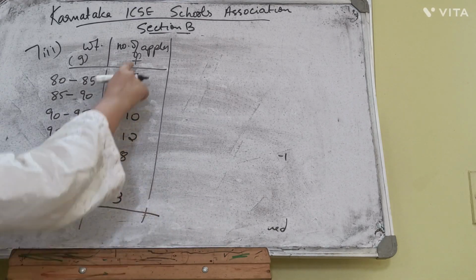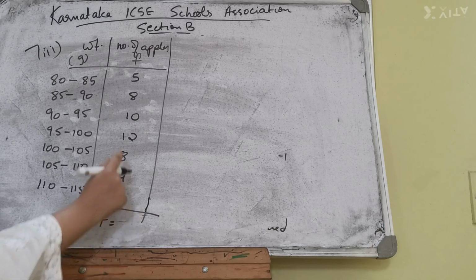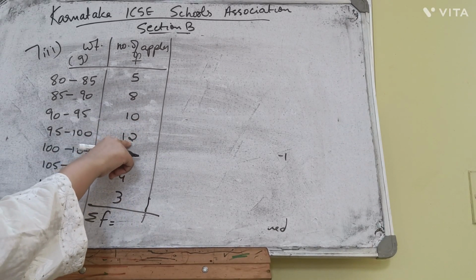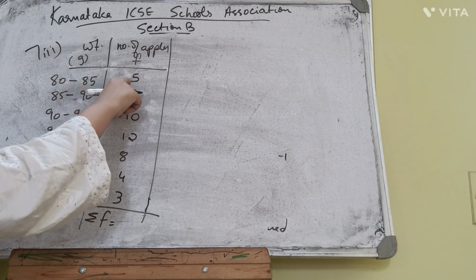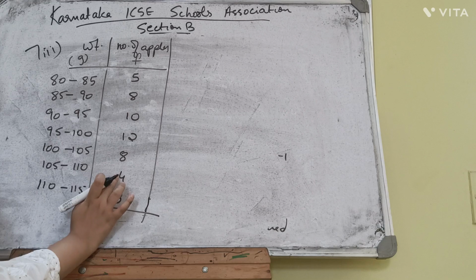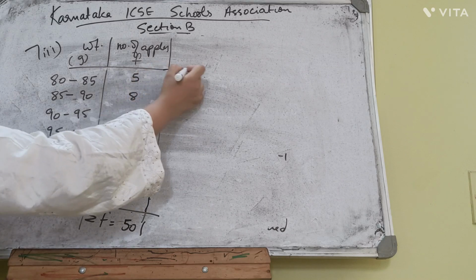Alright, so first we will calculate the frequency. The summation sigma f will be 10 plus 12, 22, 30, 35, 43, 50. So this is going to be 50.